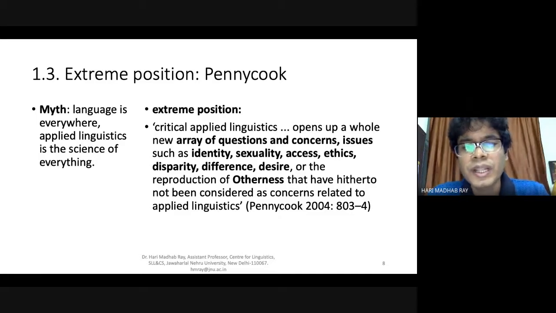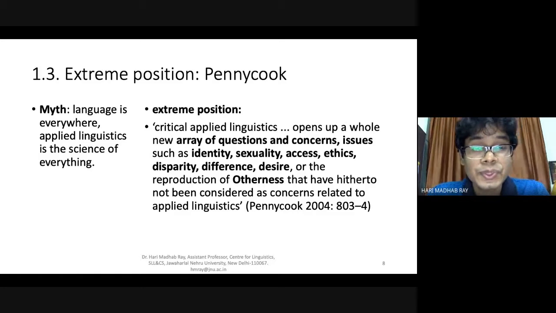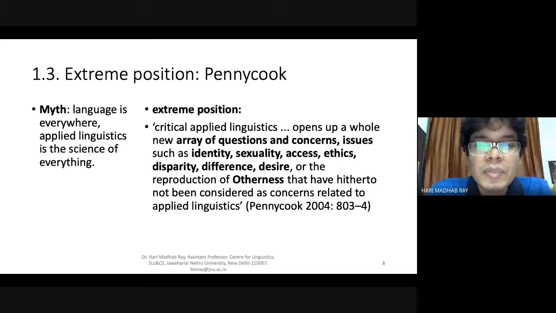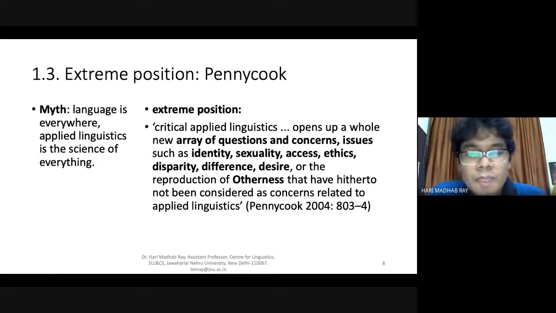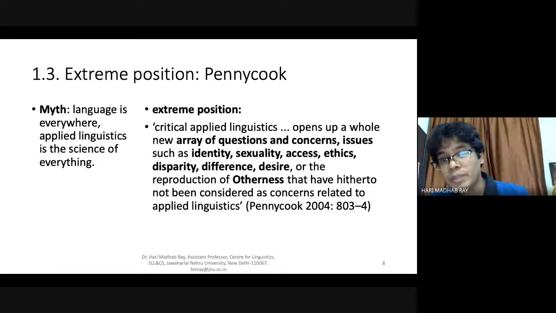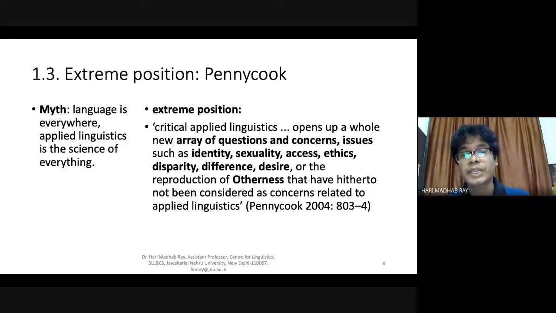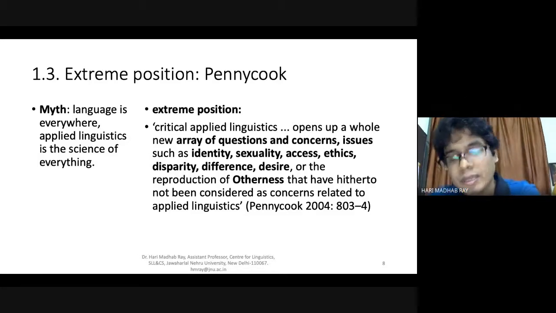We have looked into all that kind of thing in discourse analysis, and even in critical applied linguistics we also look into this. The reproduction of otherness has hitherto not been considered a concern related to applied linguistics, but Pennycook will say that yes, we should take all these things in, and there are many people now working in this direction, and critical applied linguistics is looking into this.